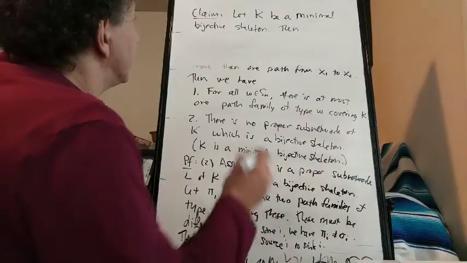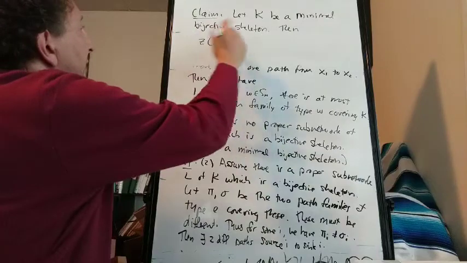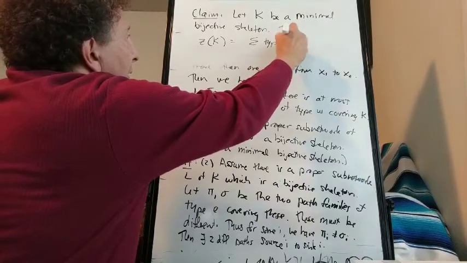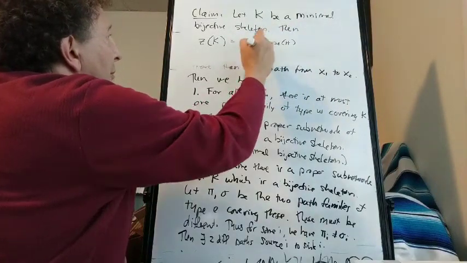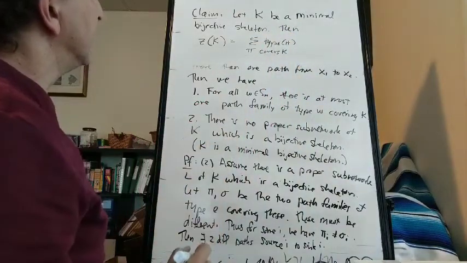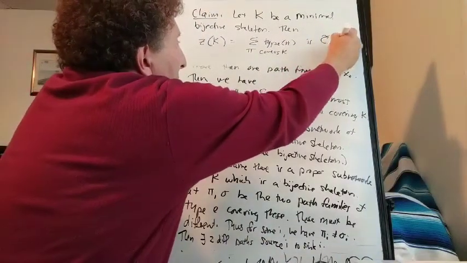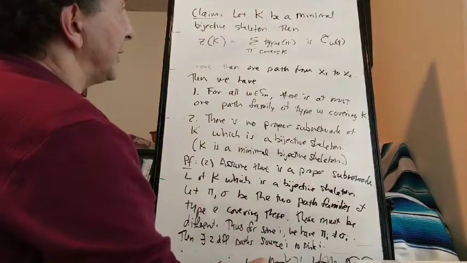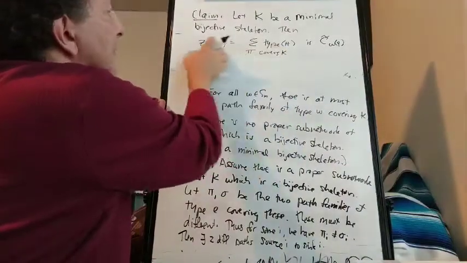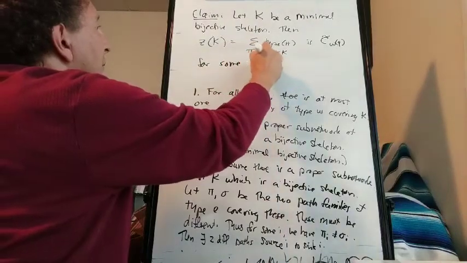Then recall that z_K is the sum of the type of pi over all path families pi that cover K. So it turns out that has to be a Kazhdan-Lusztig basis element C_w for some w in S_n.